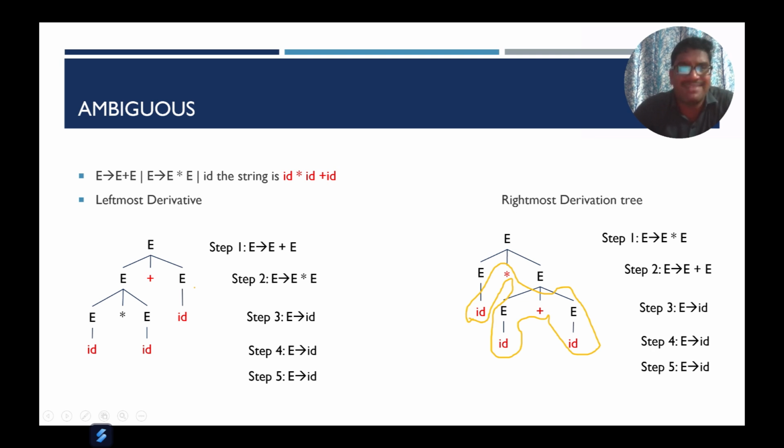So we are saying that it is ambiguous. If we have only a single solution, then we'll call it unambiguous grammar. Clear? Ambiguous means for a problem we have more than one solution, or we are generating the leftmost and rightmost both for a particular problem. Then we can say it is an ambiguous grammar or ambiguity of a grammar.